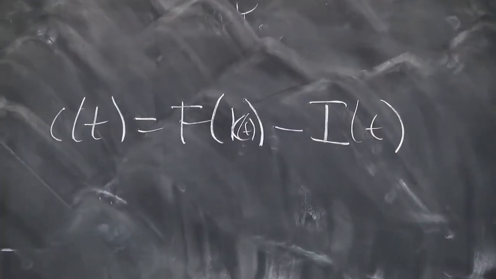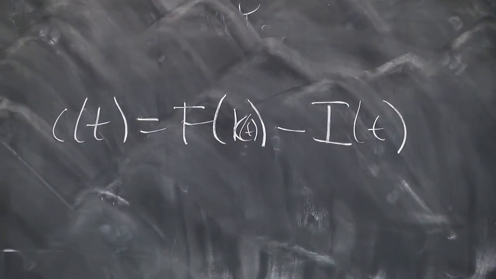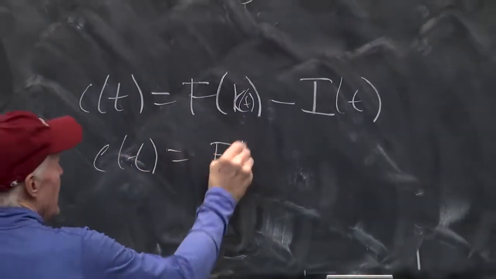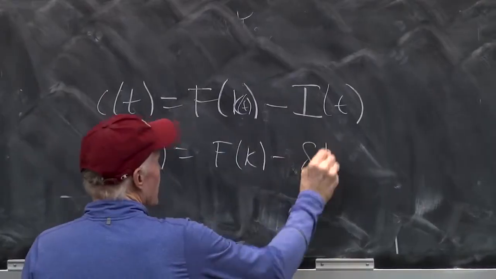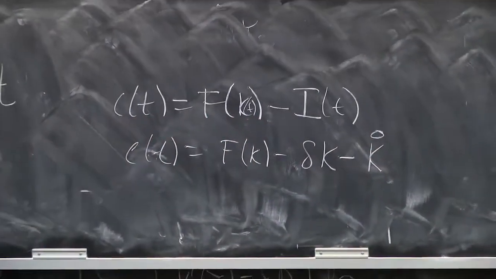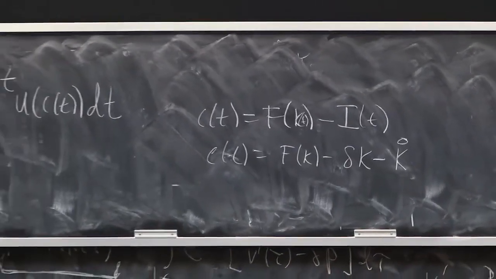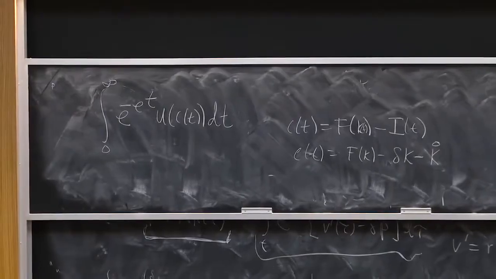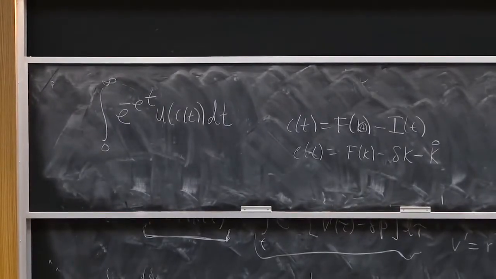C is just the difference between output and investment. So C of t equals f of k minus delta k minus k dot. That's going to be my consumption at date t: just output minus depreciation minus k dot.